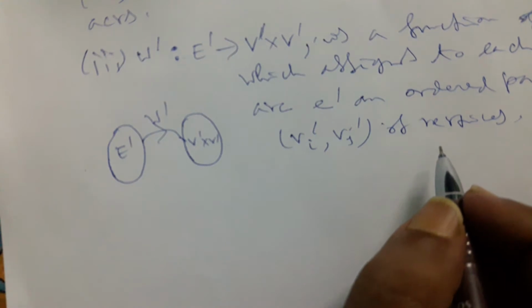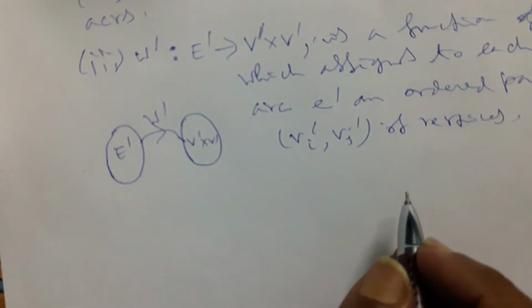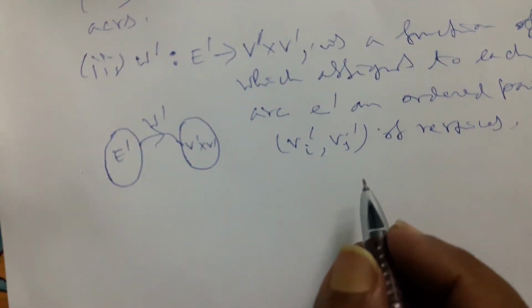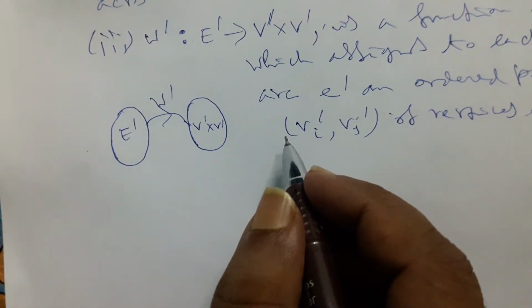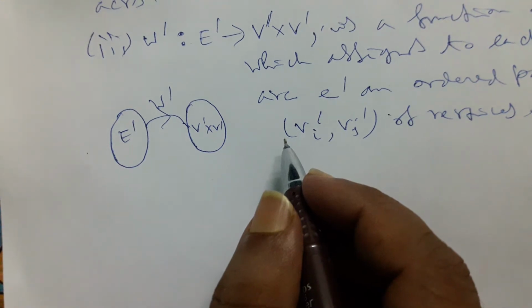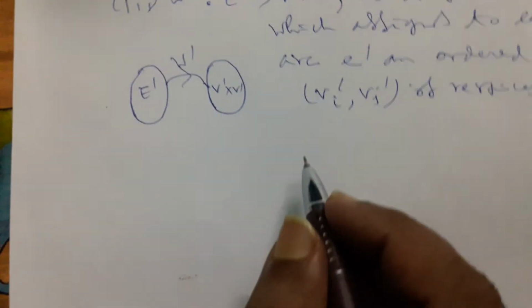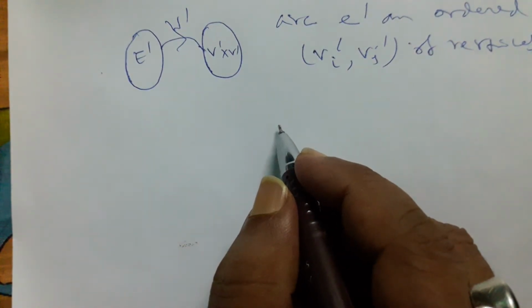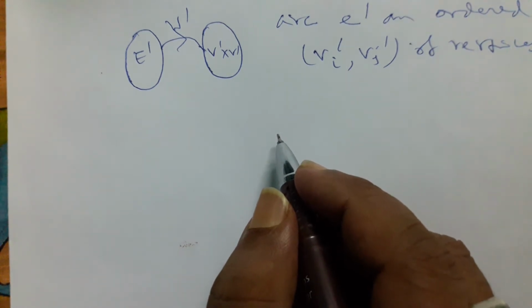So here we use the term arc for the directed edges. Vi dash and Vj dash may be the same if possible, and one end point of the arc is designated as the tail. Let us consider an example of a digraph, then we will understand what happens.